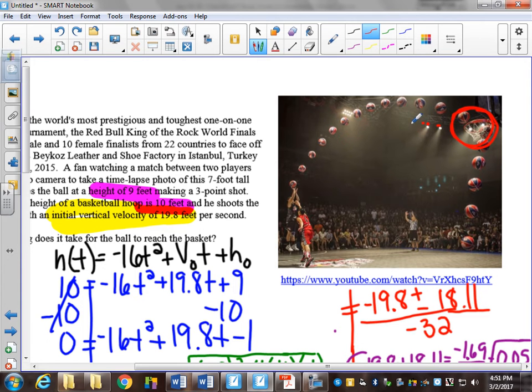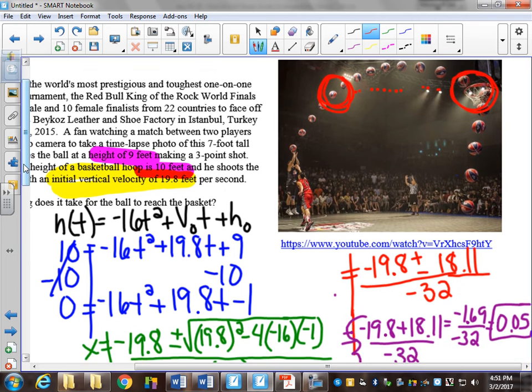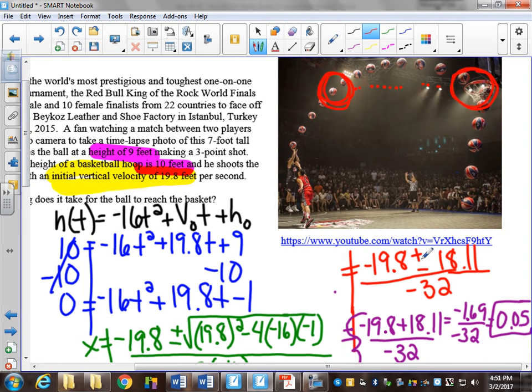Now if you look, there's another moment in time where that ball is the same height as when it reaches the basket. So now we have 2 times. This would be the shorter amount of time since it left the basketball player's hands. This would be the longer amount of time.